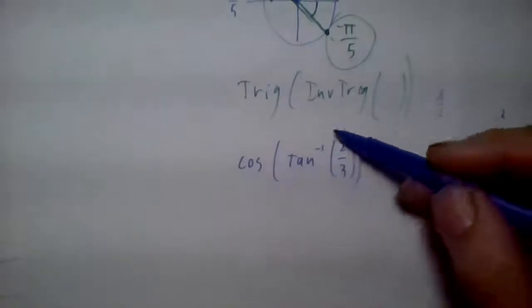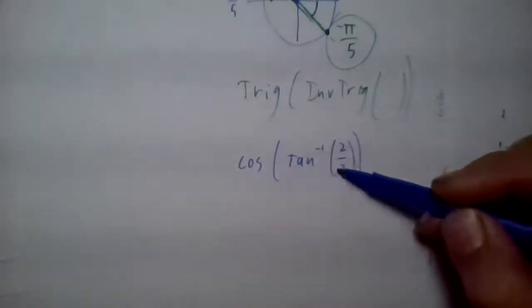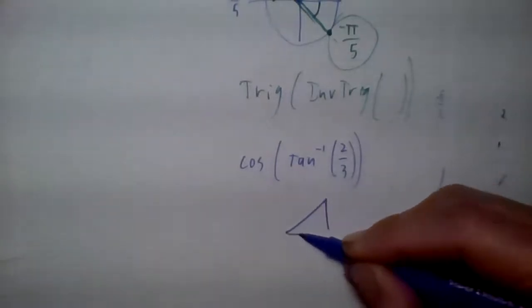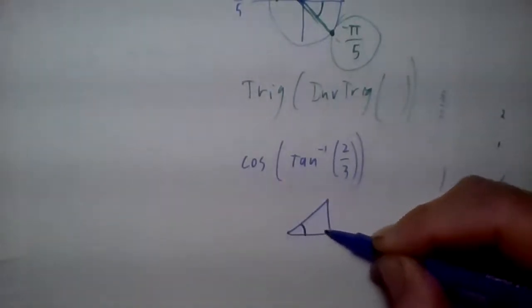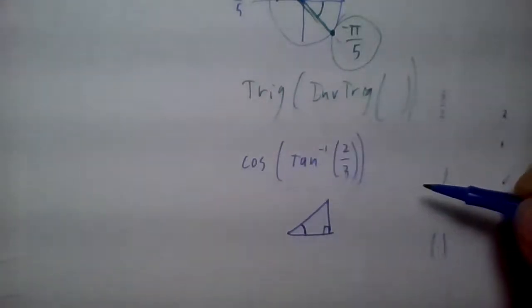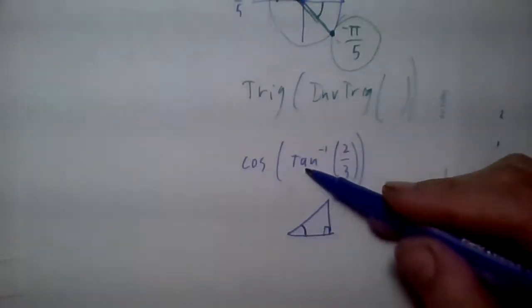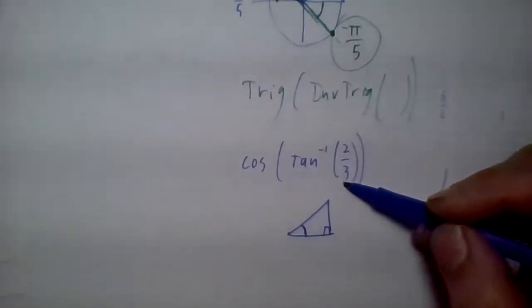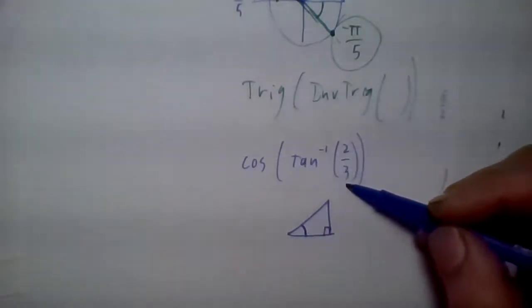This is an angle. The inverse tangent of something is an angle. And if I draw a triangle with that angle in it, this is my angle in a right triangle. And the inverse tangent of 2/3 is the angle that has opposite over adjacent as 2/3. So tangent is opposite over adjacent.